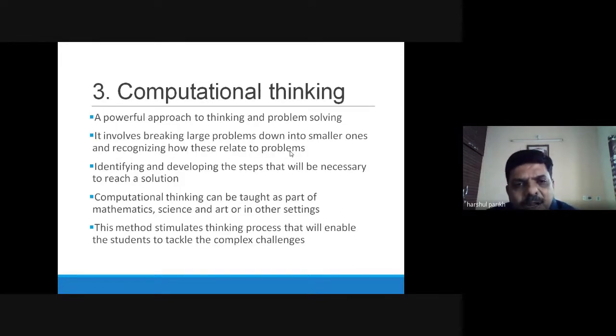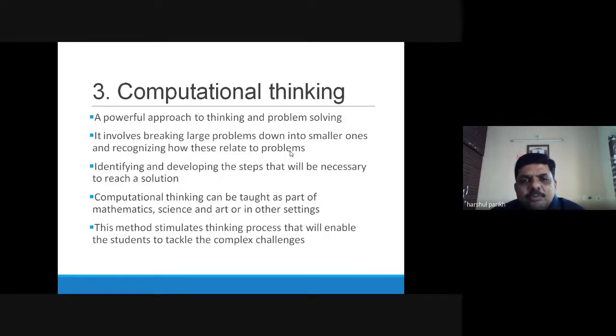The third pedagogical approach, an advanced one, is computational thinking. It involves problem solving: how to break a large problem into small components, recognize how to relate these components to the problem, and identify and develop the steps to find the solution.